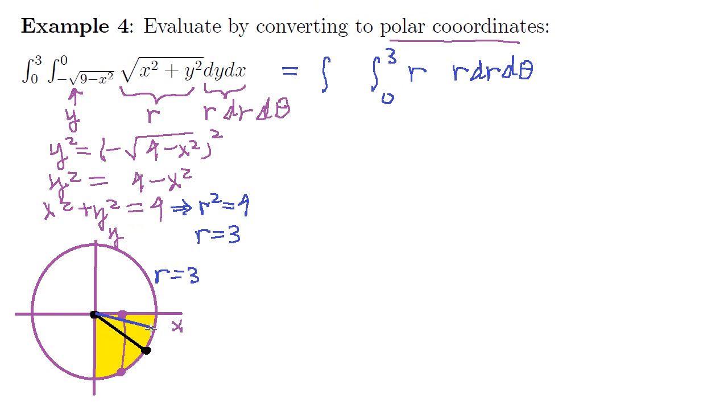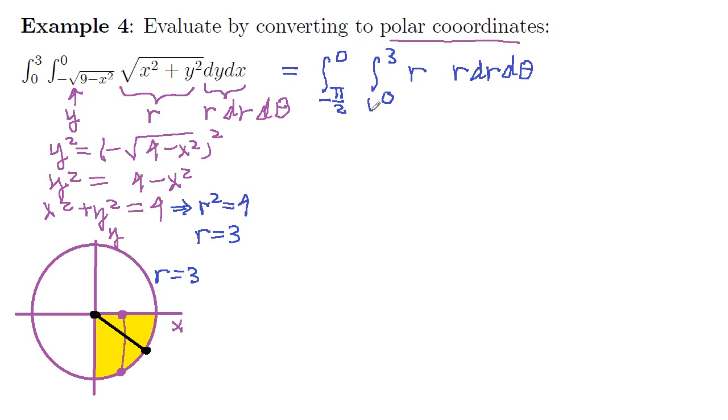So negative pi over 2 to 0. Or you could do, if you start here, 0, pi over 2, pi, 3 pi over 2 to 2 pi. Either one of those is fine. I'm going to go ahead and use the negative pi over 2 to 0. So r limits, theta limits.